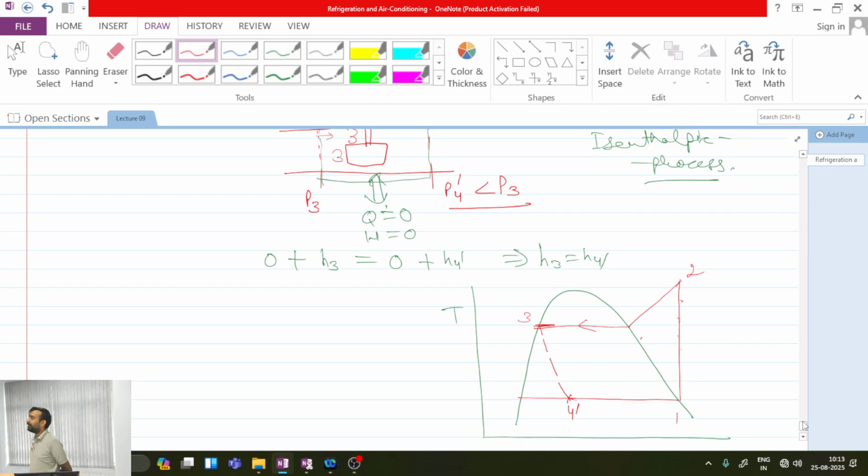Have you heard of any term called the Joule-Thomson coefficient? What is the Joule-Thomson coefficient? Okay, can you tell me what the Joule-Thomson coefficient is?